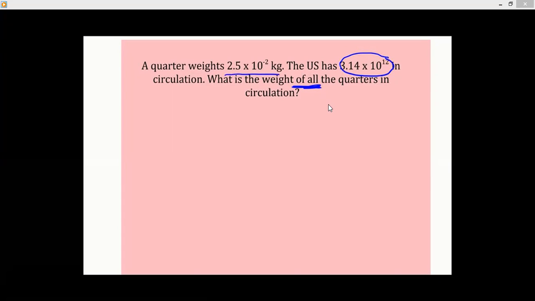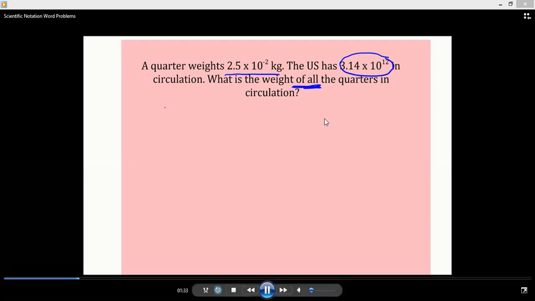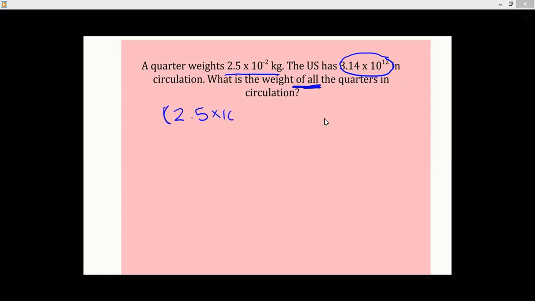Then which operation are we going to use? We are going to use multiplication. Then it will be 2.5 times 10 to the power of negative 2 multiplied by 3.14 times 10 to the power of 12.